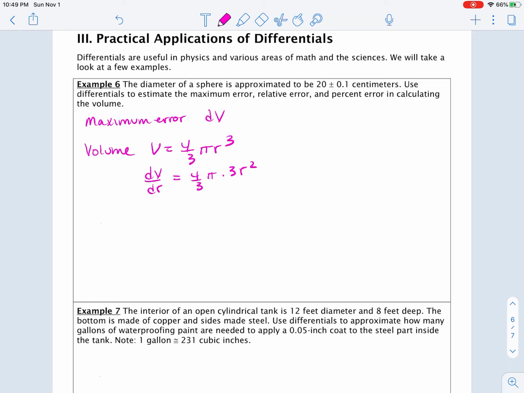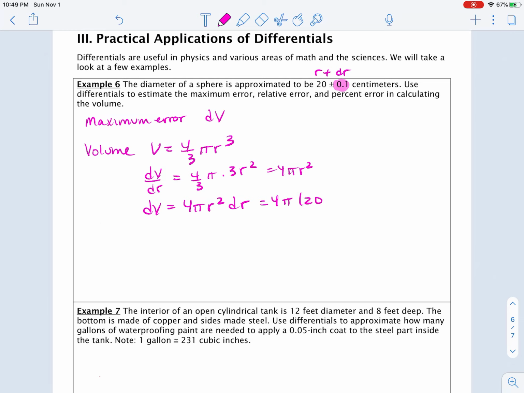My dV dr is going to be 4/3 times pi times 3r squared, or 4 pi r squared. So my dV is going to be 4 pi r squared times dr. And what is my dr? My dr is going to be 0.1. Good. And my r is going to be 20.